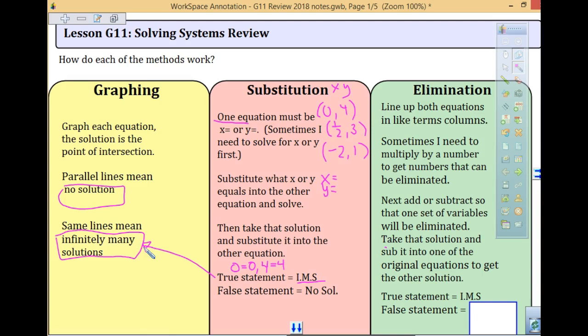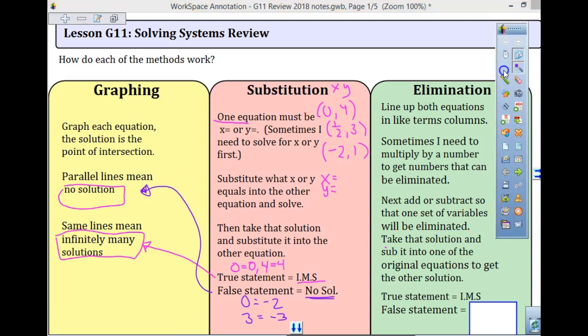Whereas if you have a false statement, like you have 0 equals -2, you have 3 equals -3, then you will have no solution. So the false is very similar to the parallel lines, right? When we have a false solution, the no solution, that's like in the graphing parallel, okay?